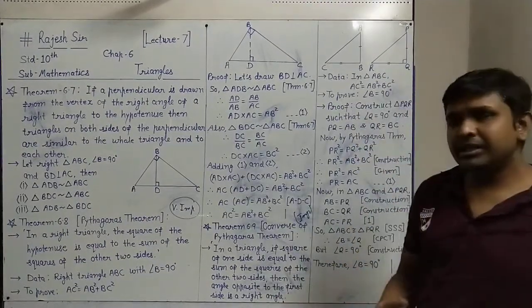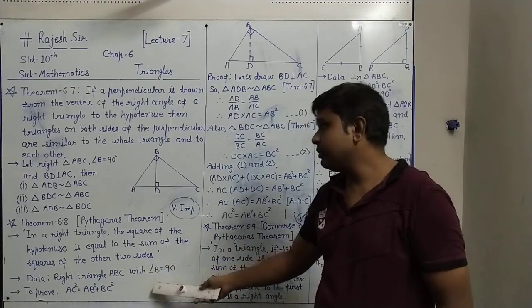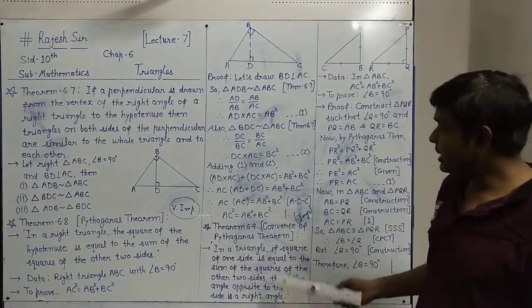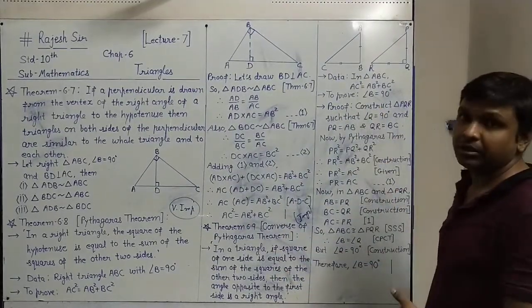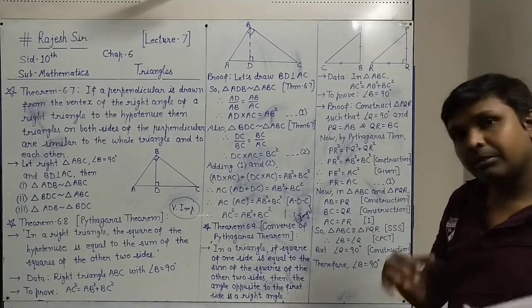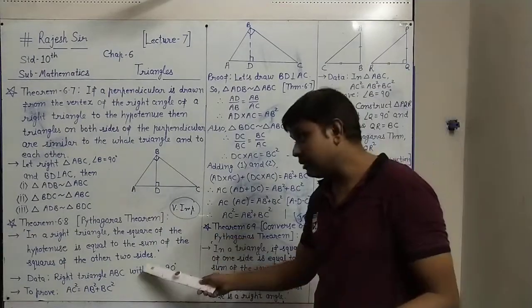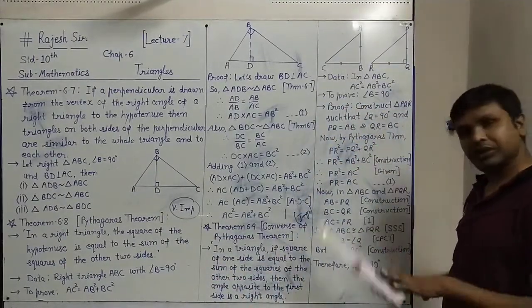If it is simply asked to state and prove Pythagoras theorem, we have to write the statement and prove this. And if it is simply asked to state the converse of Pythagoras theorem and prove it, we have to write this statement and prove it. But in twisted form, if it is asked like state the Pythagoras theorem and prove its converse, then you have to write this statement and prove its converse.